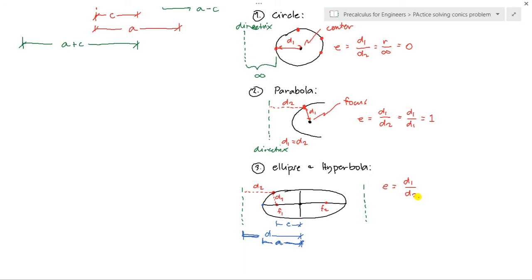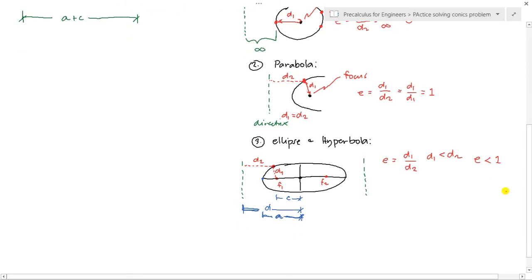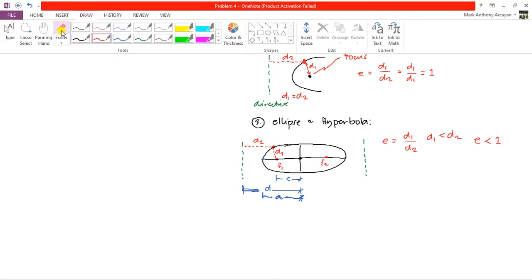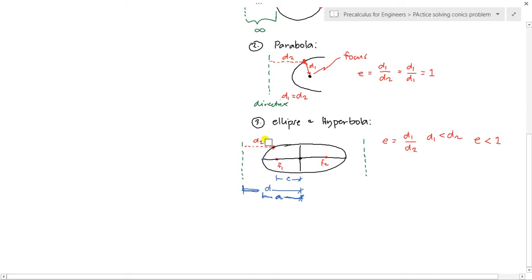So here, kung inyo makita even sa pag-visualize nato diri, makita nga si D1 is less than D2. So automatic sa ellipse ang iyang eccentricity, kung gamay si D1 kaysa si D2, therefore that would be less than 1. So for an ellipse, that is less than 1. So ato pod pangitaon unsay formula sa ellipse in terms of the parameters given.